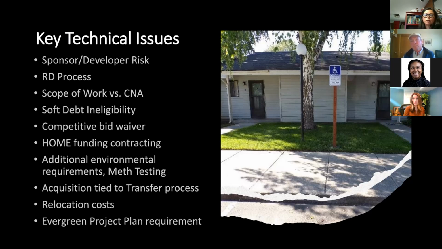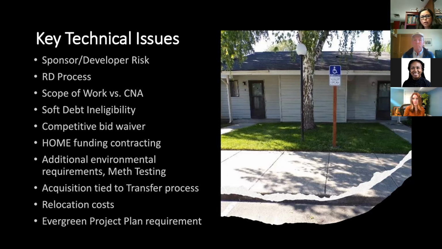And also the Housing Trust Fund, that's not allowed to pay for relocation costs. So that's another challenge that has to be taken care of, and we will need temporary relocation for the 12 residents as we move into rehabilitation work.